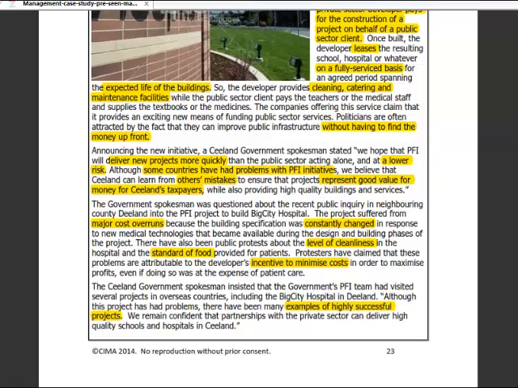"Although this project has had problems, we've seen many examples of highly successful projects." So again, we need to understand what are the qualities of highly successful projects and what are the mistakes that PPP or PFI initiatives have made. Maybe you've got to do some research on that. "We remain confident that partnerships with the private sector can deliver high quality schools and hospitals in Sealand."